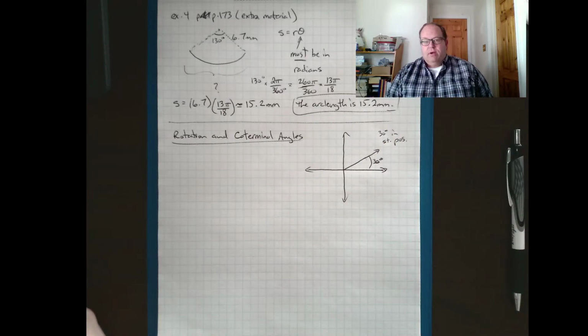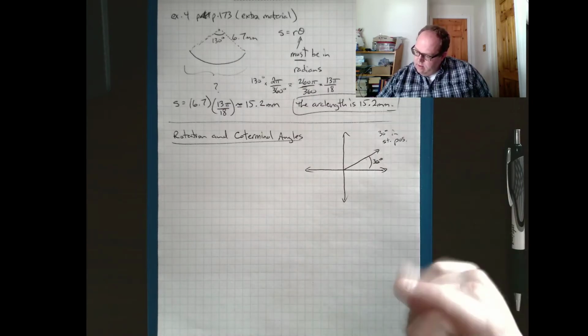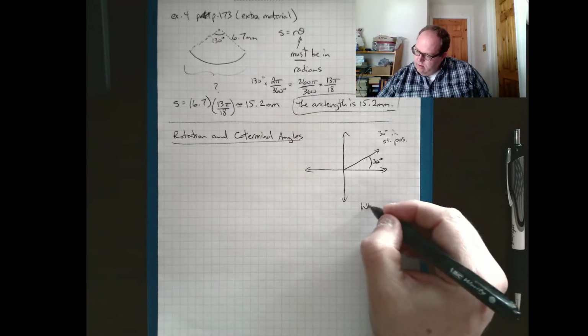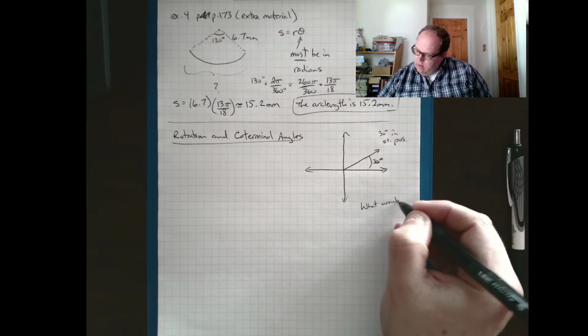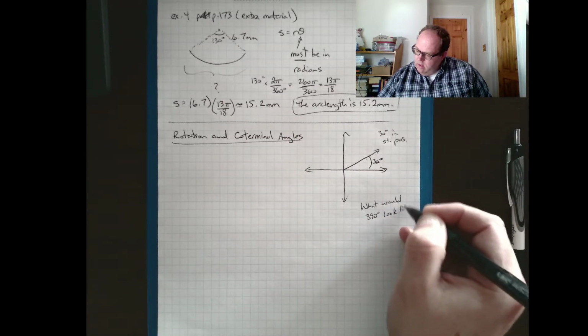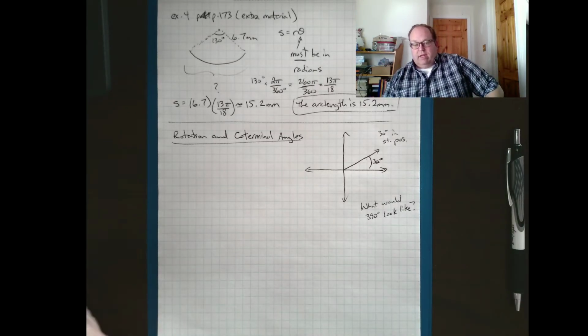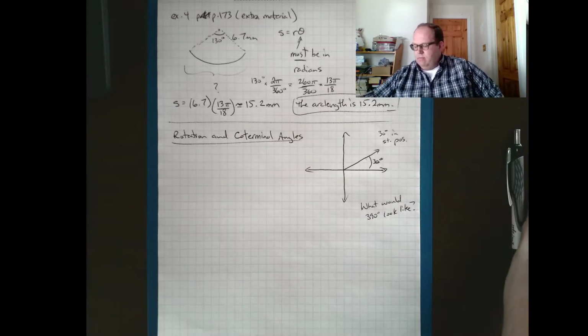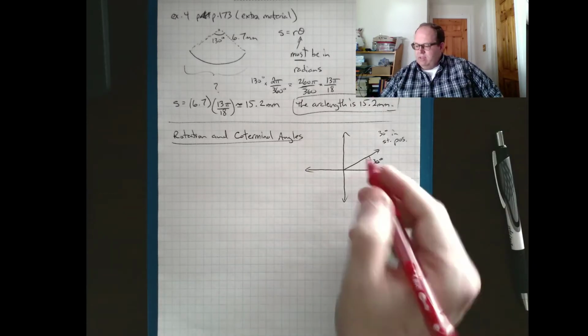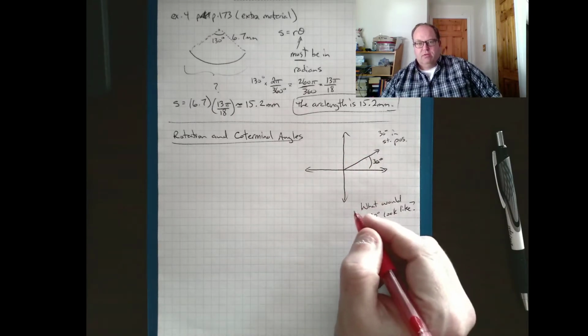Now let's say I want to show 390 degrees. And we start to think of this in terms of rotation. A 390-degree angle would basically have you going through one full rotation and then another 30 degrees past that.